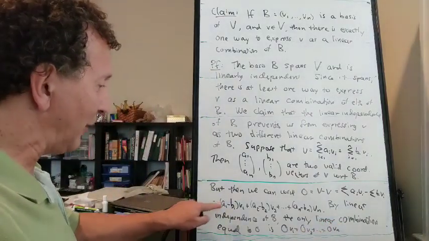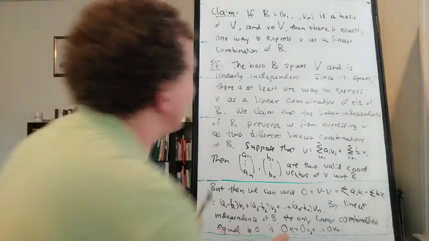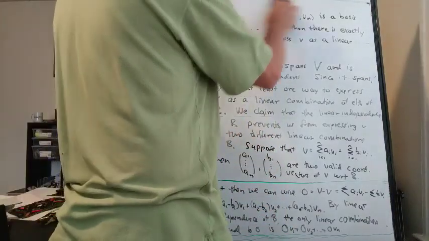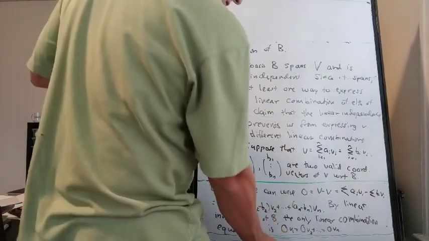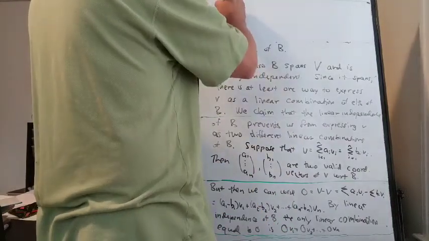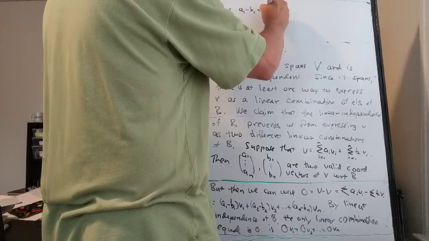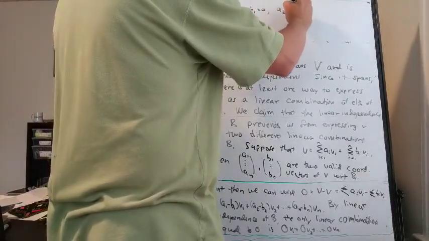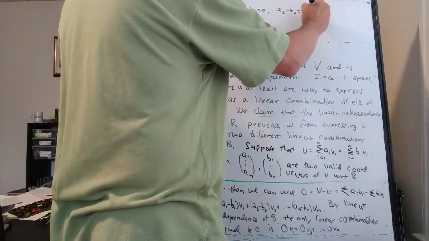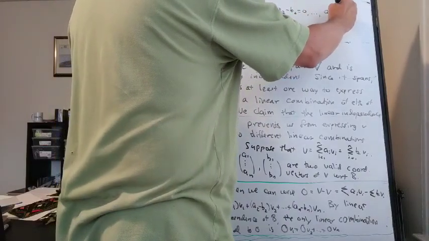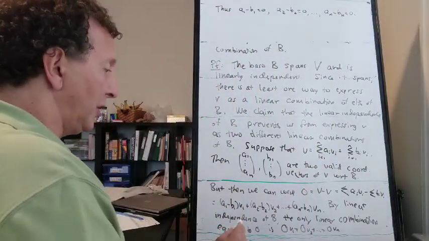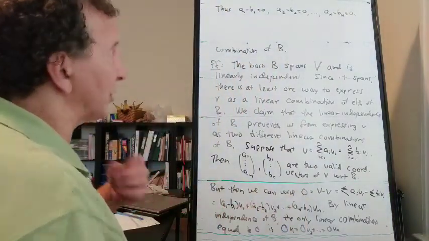So that means that a1 minus b1 is 0, and a2 minus b2 is 0, etc., an minus bn equals 0. So all of those coefficients have to be 0, which means that all of the a's are equal to the corresponding b's.